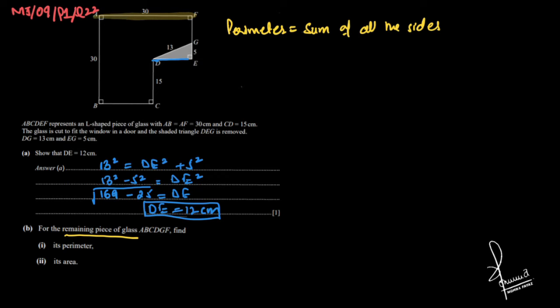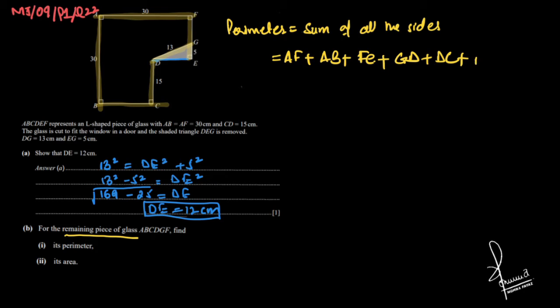So it is this length AF, so it is equal to AF plus this length AB, so AB, plus this length FE, so FE, plus this length DG, or you can say GD, plus this length DC plus this length BC. Right?